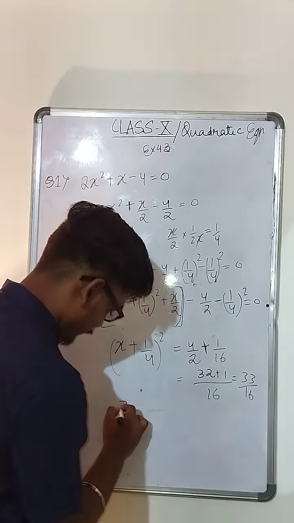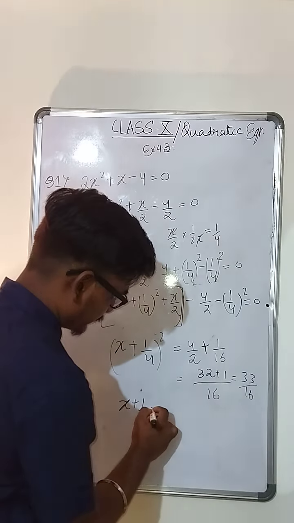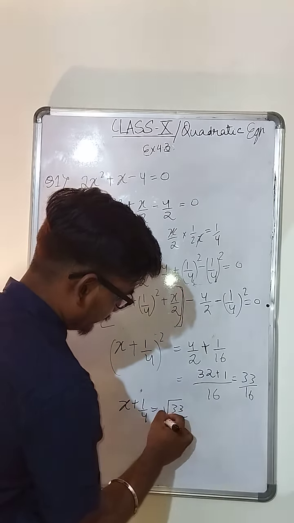Okay, so x plus 1 by 4 equal to under root 33 by 4.